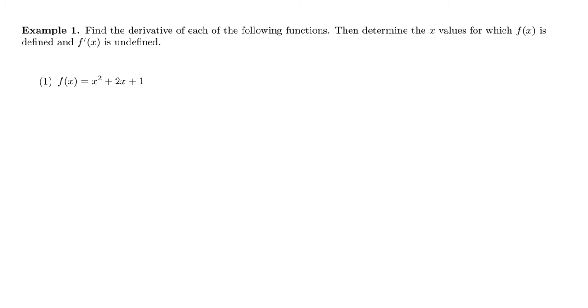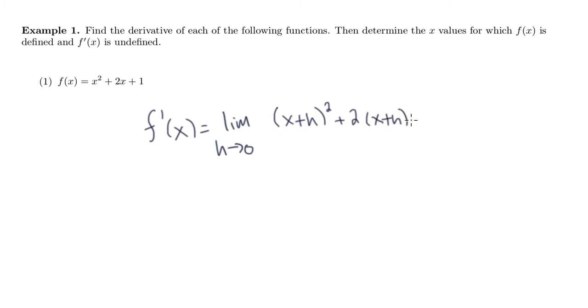So let's just start. What's the definition of the derivative function? Well, I take the limit as h goes to 0 of what? So I'm just going to write this out. (x plus h) squared plus 2 times (x plus h) plus 1.